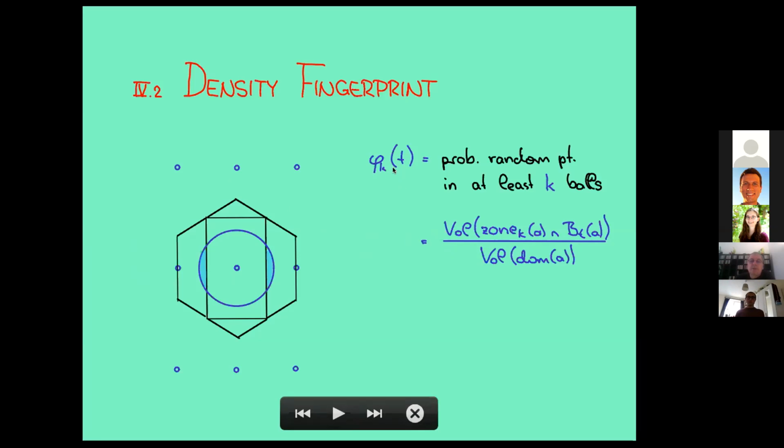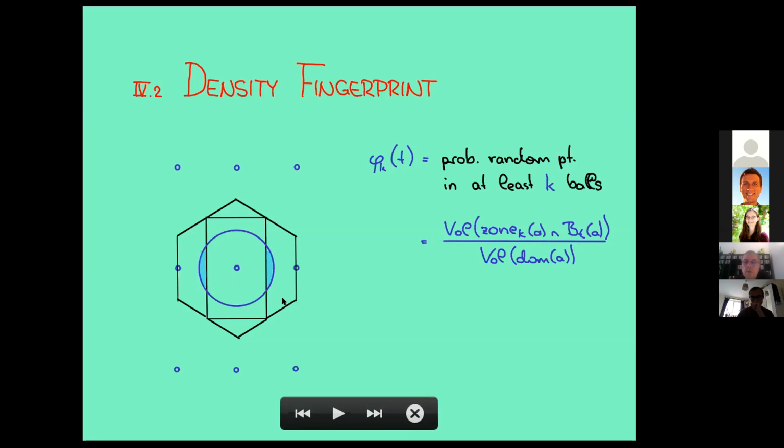We notice that I can just look at the point inside of the kth Brillouin zone, intersect the ball with the kth Brillouin zone, and divide by the volume of the kth Brillouin zone, or the volume of the fundamental domain. It's the same thing. And now we claim that this is really the probability that at least k of the balls contain the point.